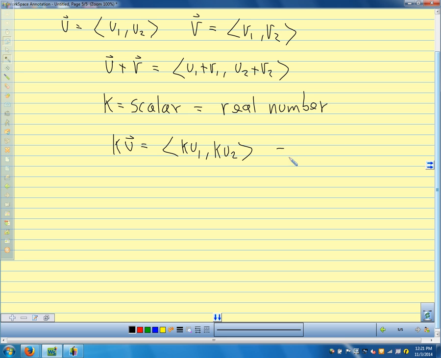And geometrically, this is just the vector that is k times longer than u. So we're just changing the length. And if k happens to be negative, then it turns the direction around as well.